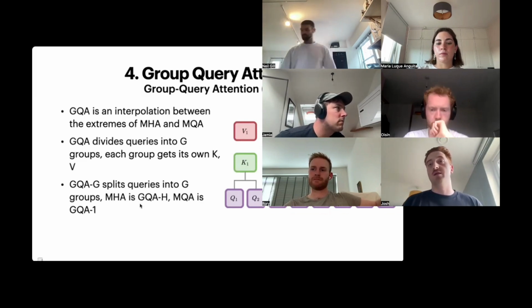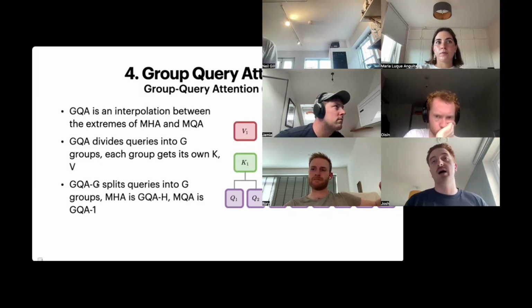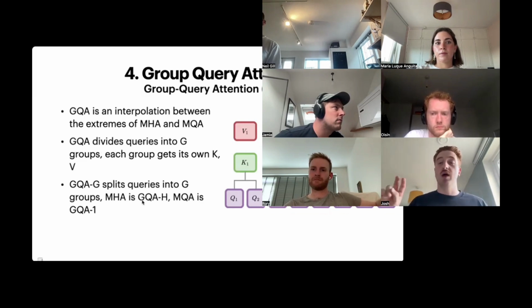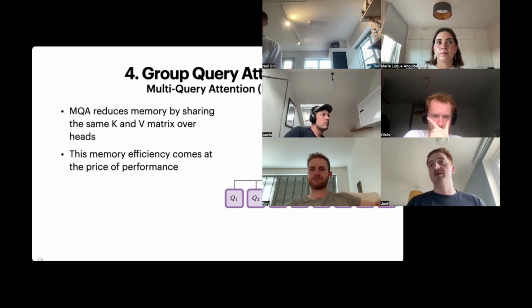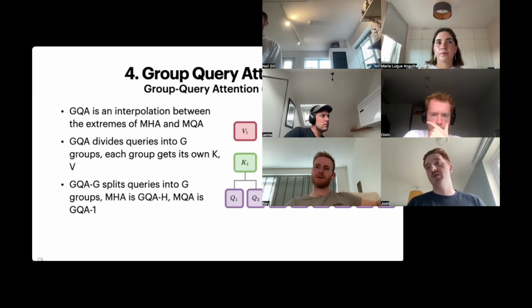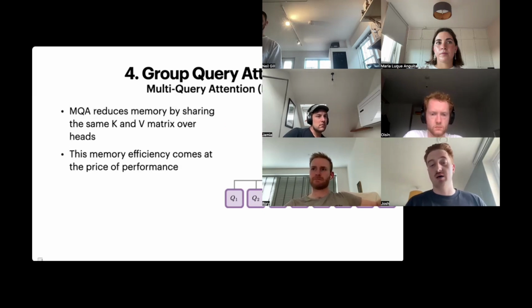Multi-head attention is GQA with H groups, say 64 heads, and multi-query attention is GQA with one group. I think the figures demonstrate it better.